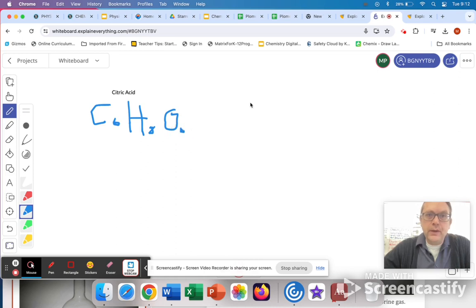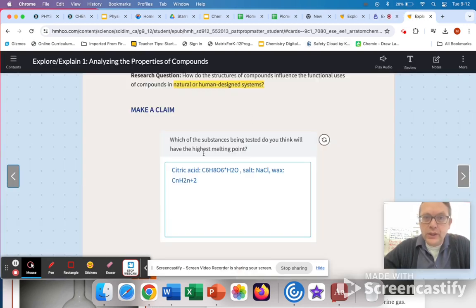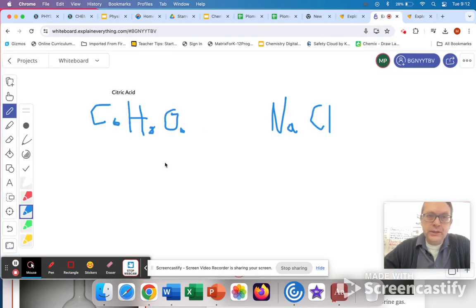C6H8O6. Then we have salt, which is NaCl, sodium chloride. And then we had the paraffin wax, which was some ratio of carbon and hydrogen. If there are N carbons, the number of hydrogens is twice that amount, 2N plus 2.